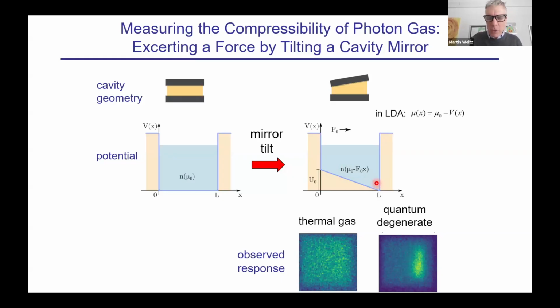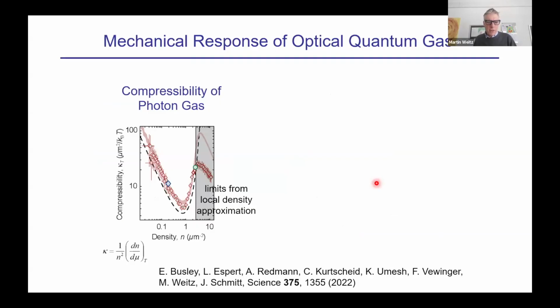So from such data, we can determine the compressibility of this photon gas as a function of the density. And this goes down with density, as one expects for a classical gas, as long as we remain below the onset of quantum degeneracy.